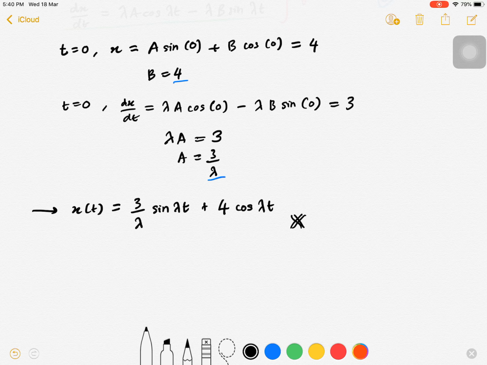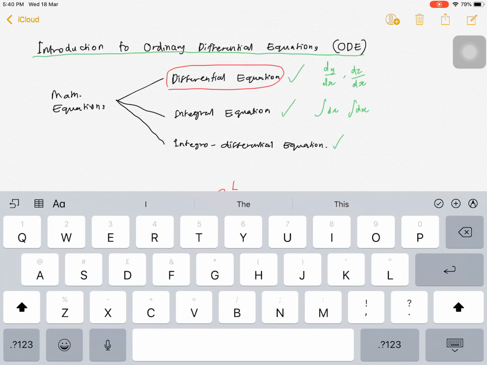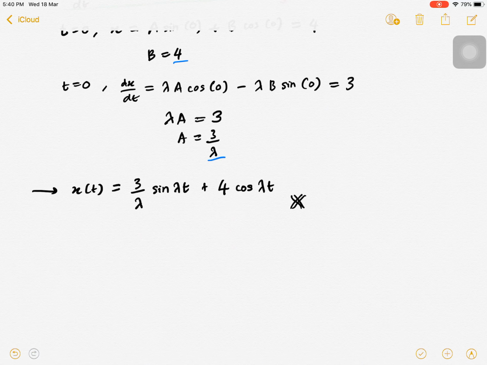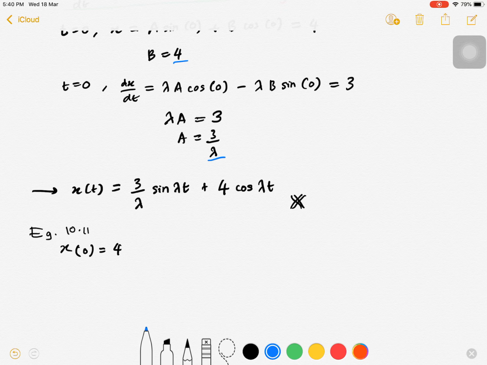For x, x(0) is equal to 4. We call it initial condition because t is equal to 0.